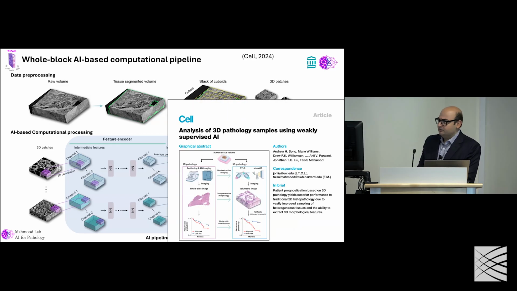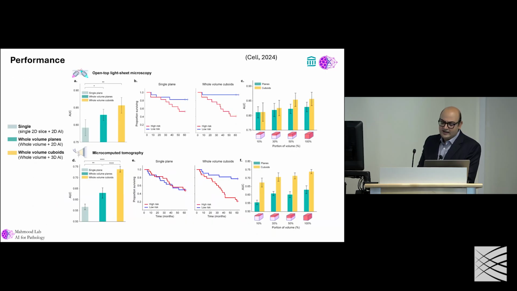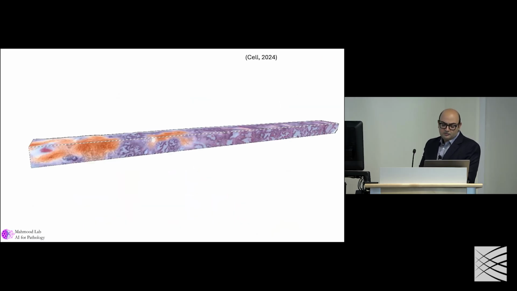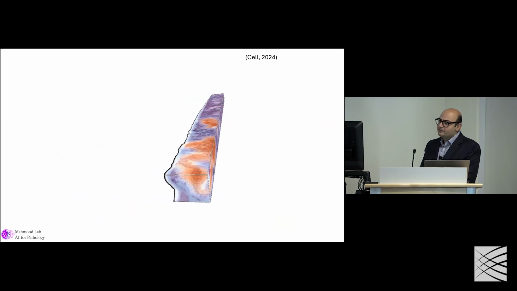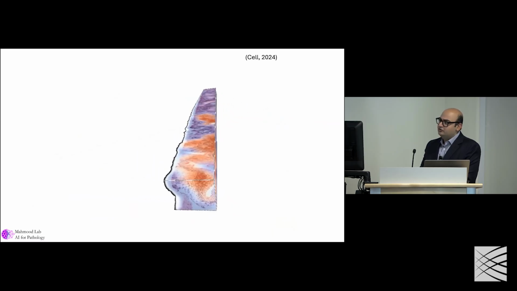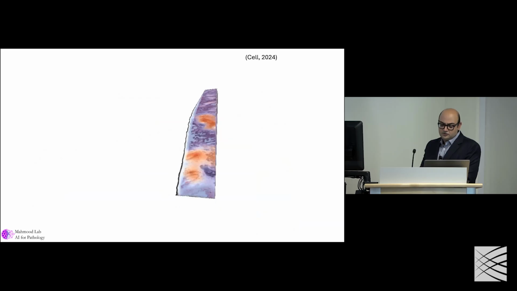This was a Cell article from last year where we managed to show that as you use more of the tissue region, you're able to separate patients into distinct risk groups in a much better way. Since then, we've been expanding this to other applications, and we'll have more to say about that in the coming months. But you're able to go back and look at what are the regions that are important within this large piece of tissue.